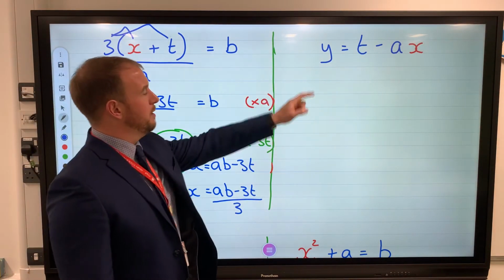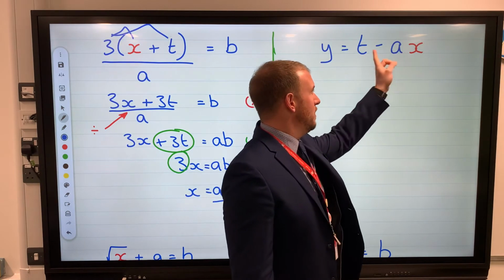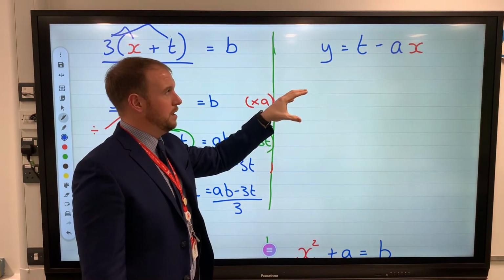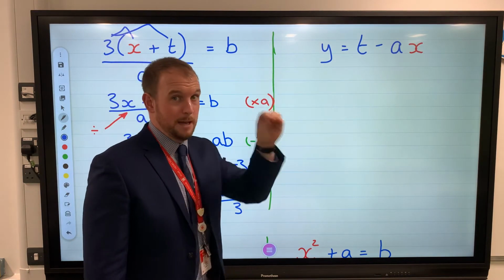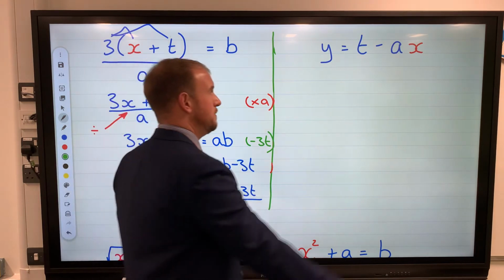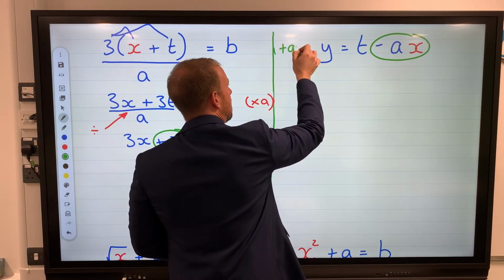So this one over here, you'll notice now I've got x attached to a, however, it's negative. Now, whenever you see a negative value, or a negative letter, we need to make it positive. And the only way we can do that is by adding ax.